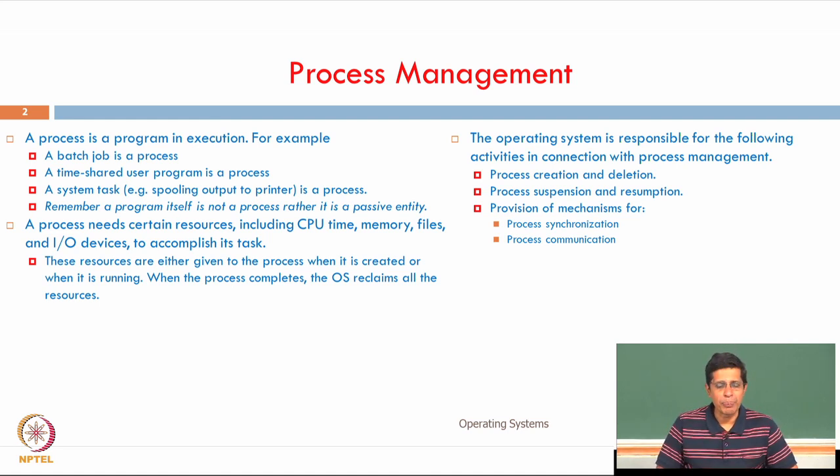When I want to execute a process, I go and ask the operating system, saying I am a process, I have say 1 megabyte of code, and I need say half a megabyte of data, I have so many arrays, so many things, so give me the storage. So, first the operating system has to give you some memory where the process and its data can be loaded. After that we start executing this.